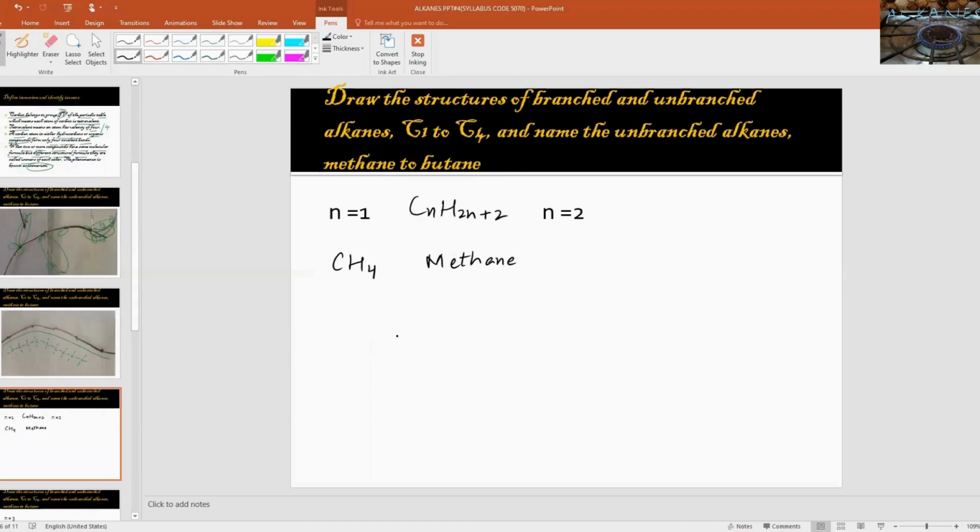The displayed formula would be like this: a carbon atom forming four covalent bonds with hydrogen atoms. It does not have any isomers. So let's write, no isomer is possible.